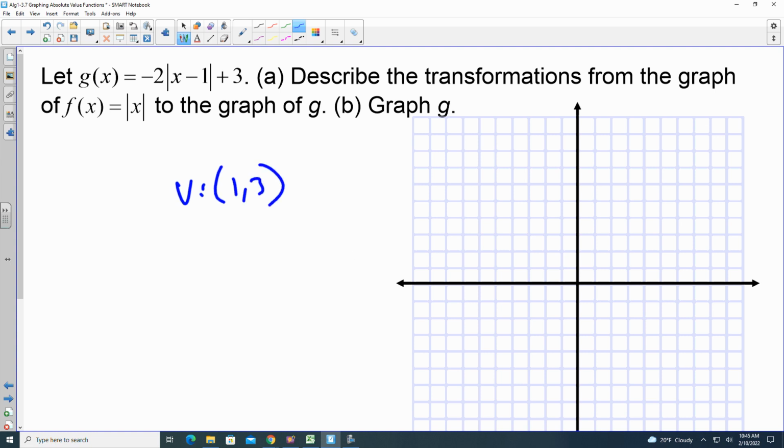So I plot the point there. A is on the outside, which is -2. So my slope is going to be down 2 to the right one. My mirrored image slope is down 2 to the left one. Because -2 is on the outside, that is an indicator that we have an upside down V-shaped graph.